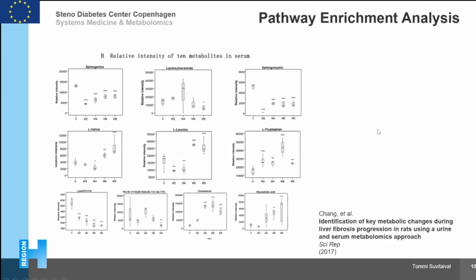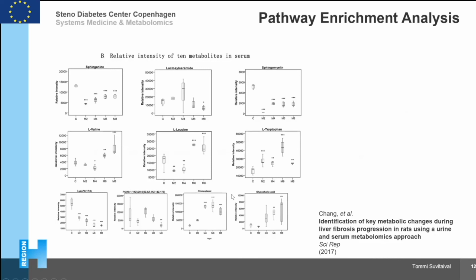So, a brief example. Here we had a study on liver fibrosis in rats, where they measured different metabolites after the start of the disease. So we see some changes in the metabolites over time.